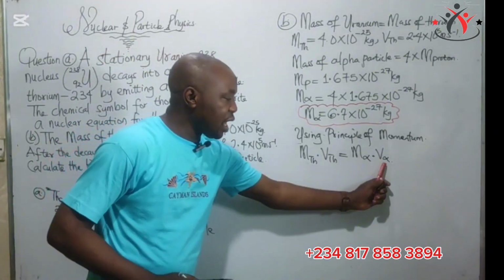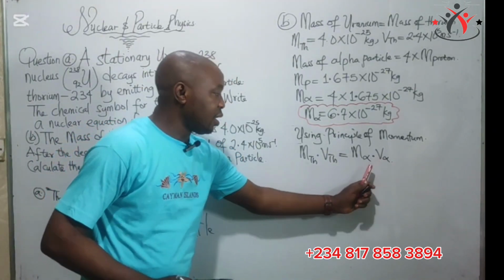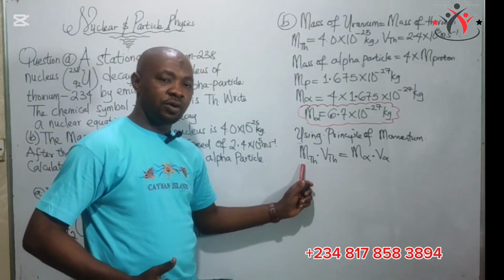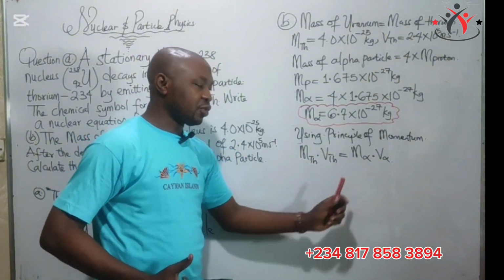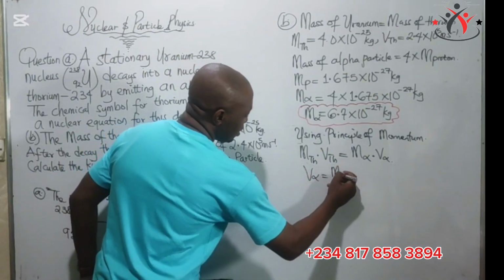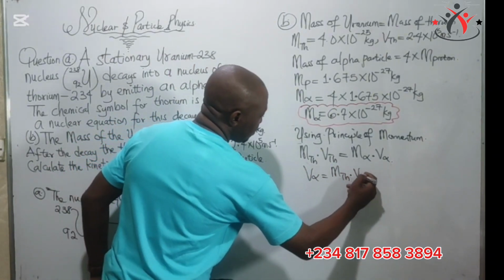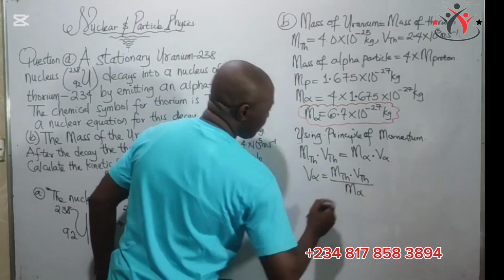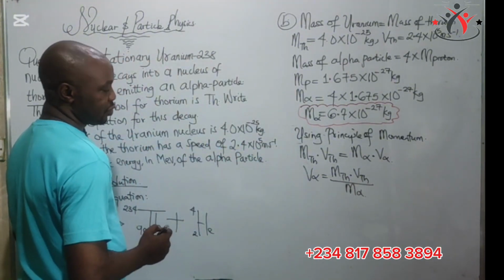To find the value for V alpha, let's express V alpha in terms of the mass of thorium, the velocity of thorium, and the mass of the alpha particle. So we have the velocity of the alpha particle to be the mass of thorium multiplied by the velocity of thorium, then we divide that by the mass of the alpha particle.